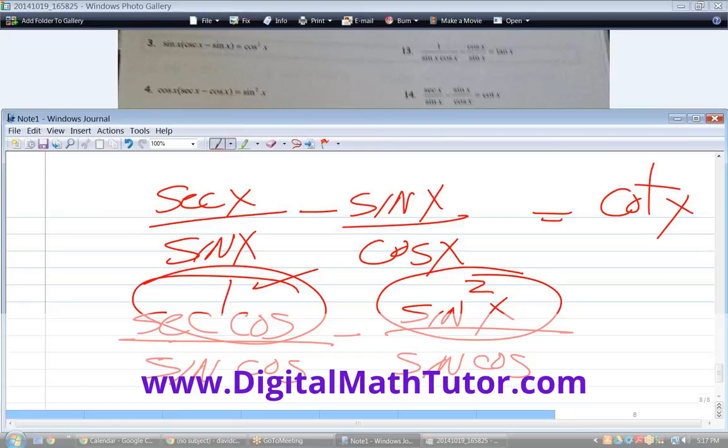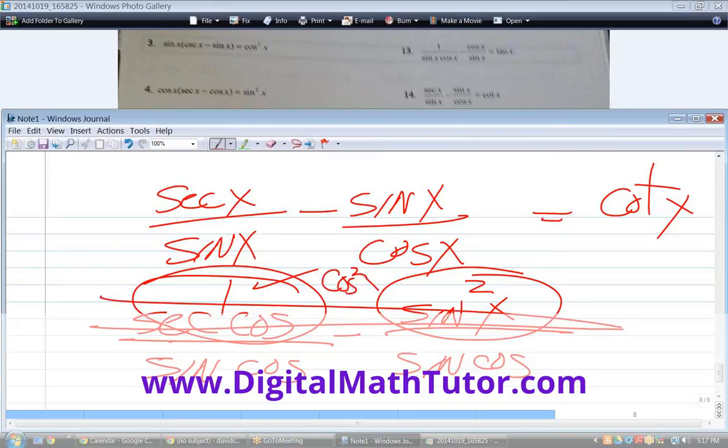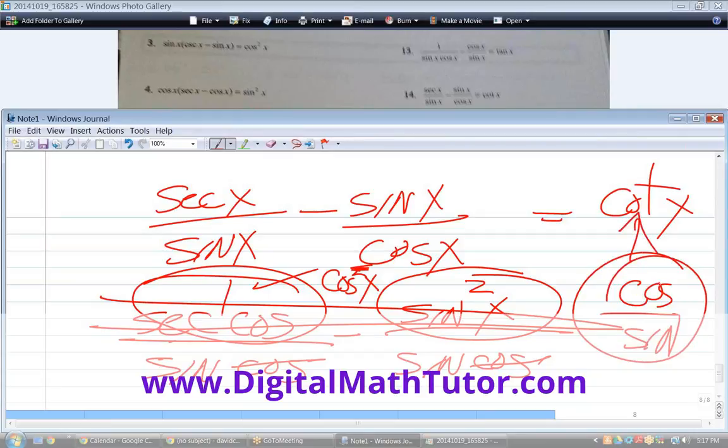Now notice what the numerator is going to turn into. 1 minus sine squared over sine cosine. Which is what? What's the whole numerator turn into? Cosine squared. And we can take out that cosine and that exponent, and we end up with cosine over sine, which is cotangent.